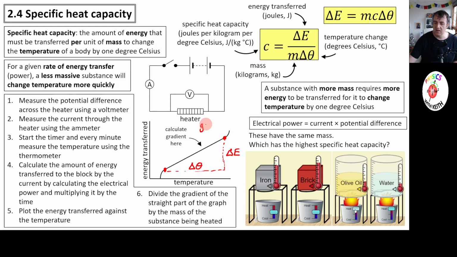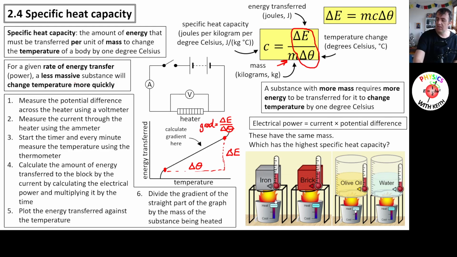And so the gradient is equal to the amount of energy that's been put into the thermal energy store of the block divided by the change in temperature. And if you look at this equation, there it is, delta E over delta theta. So all we need to do is take that gradient and divide it by the mass, that's what's down there, to get the specific heat capacity of the substance. That's how we do it.